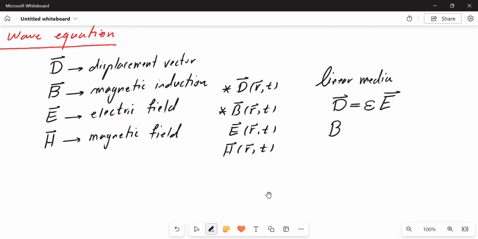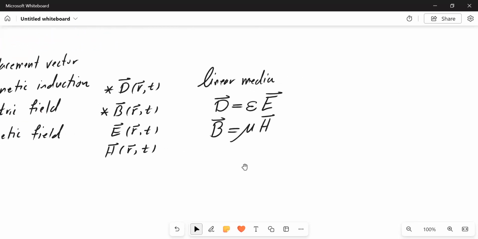And B, magnetic induction, can be given as a factor which we call mu, which is called the magnetic permeability of the medium, times the magnetic field H. If I look into free space, where by free space I mean a medium that has no magnetic or electric properties, then the displacement vector is simply the electric field multiplied by a constant factor, which we call epsilon naught, and that is called the permittivity of free space.